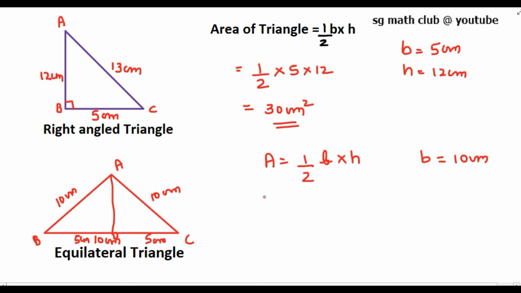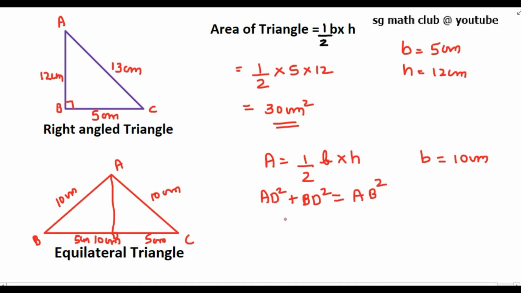Here this time we can use the Pythagoras theorem. We know that by Pythagoras theorem, in a right angle triangle, the square of hypotenuse is equal to sum of square of other two sides. So AD square plus BD square is equal to AB square.